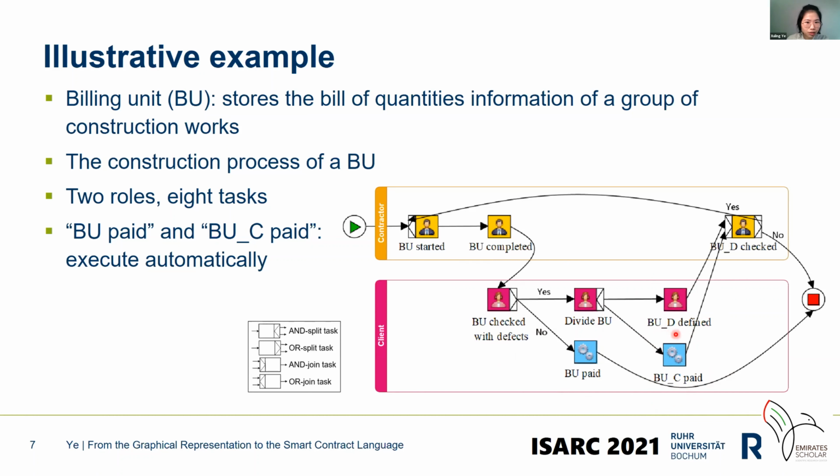The building unit defect will be redefined by the client. Once the contractor agrees with this redefined building unit, the whole process will restart again. If the contractor disagrees, then the whole process will end.